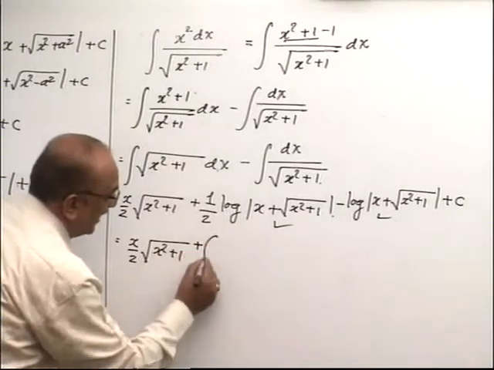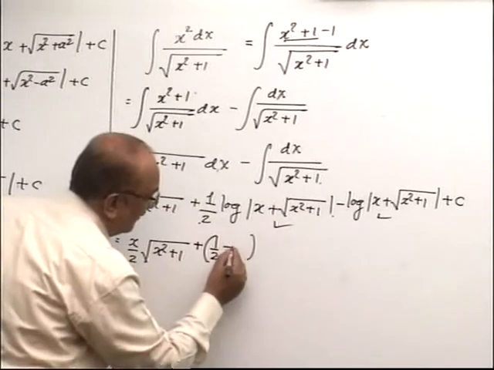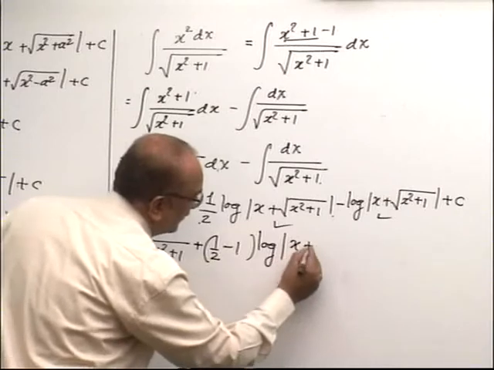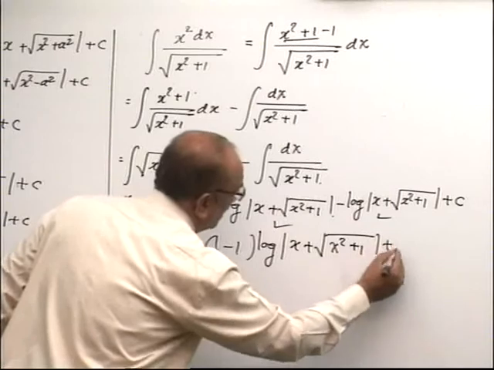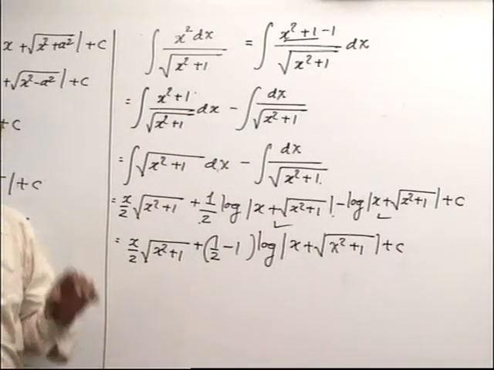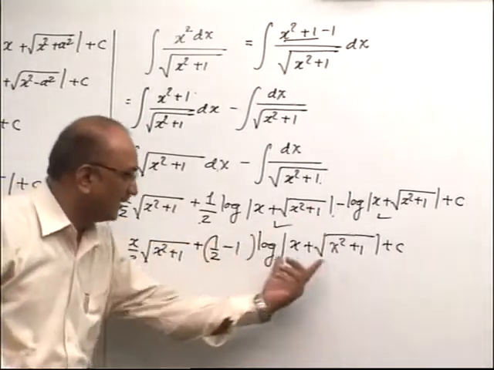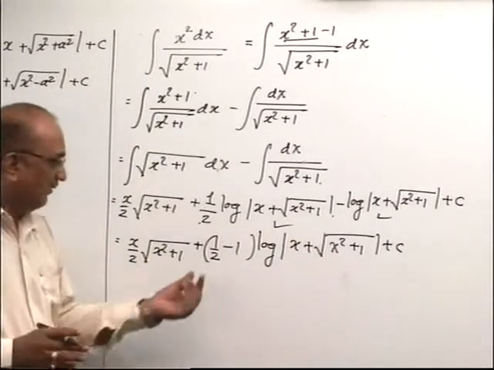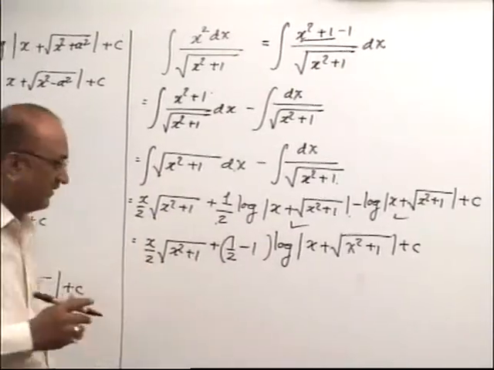Plus of bracket, this is 1 upon 2, this is 1, means 1 upon 2 minus 1 into log of modulus x plus root of x square plus 1. You must concentrate on the simplification part, then you understand. This is plus 1 upon 2, this must be minus 1 because the log of modulus x plus root x square plus 1 is the common part. What do you write for 1 upon 2 minus 1? That is minus 1 upon 2. This is the answer of the terms.